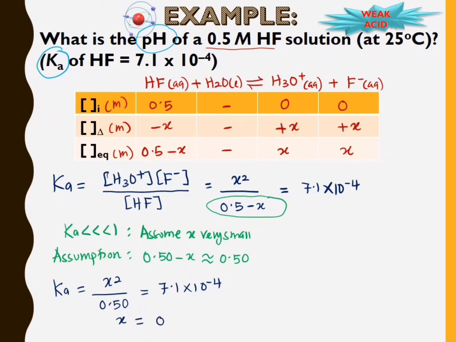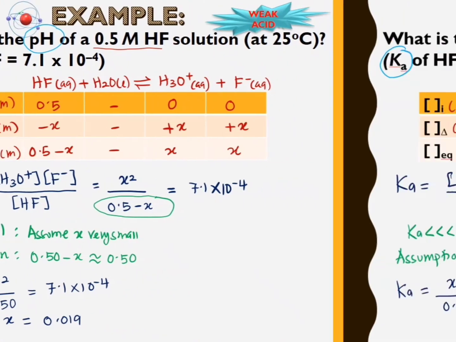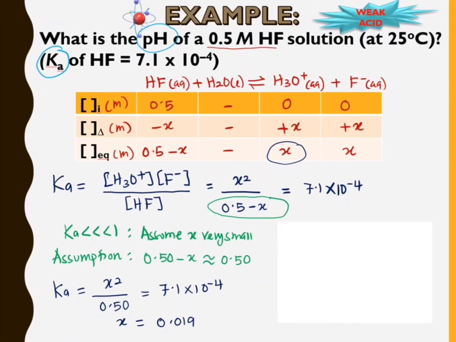You can directly calculate the value of X, 0.019. So, this is the value of X. Okay, after we get the value of X, sebab tadi konon tak nak buat quadratic equation kan. So sebenarnya memang kita senang kerja, tak payah buat quadratic equation.